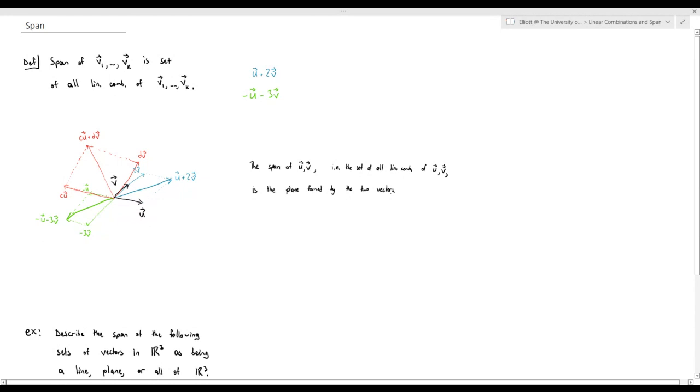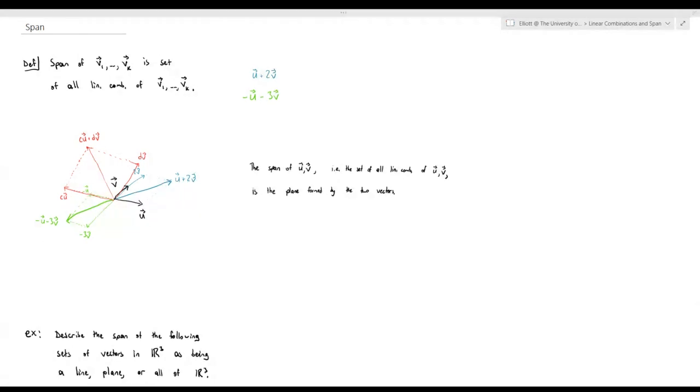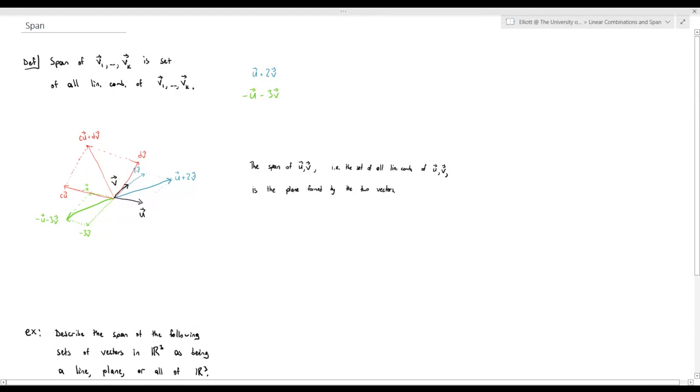All right. So will the span of two vectors always be a plane? What do you guys think? Right, okay. So here it's important that your two vectors are not collinear so that they would form a plane.